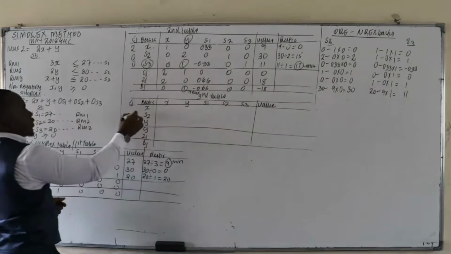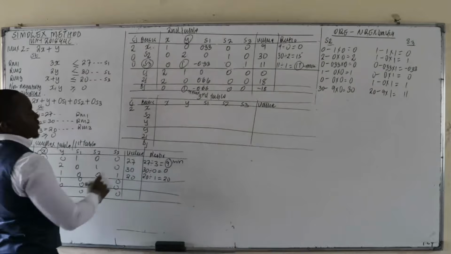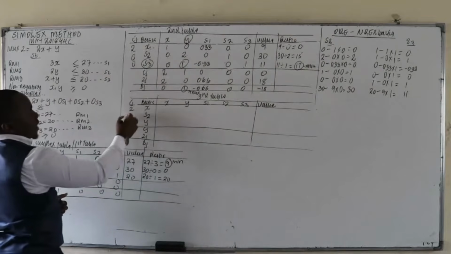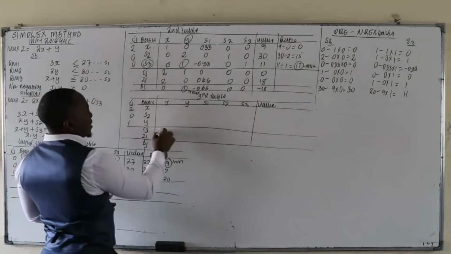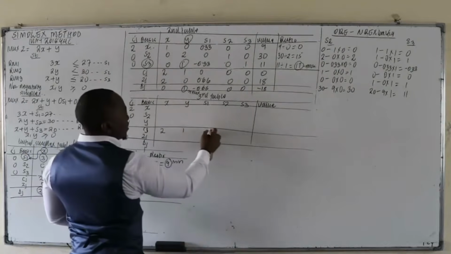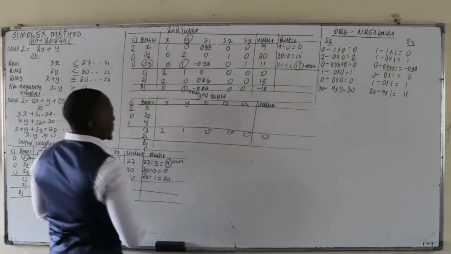Cj for X: each unit of X, the contribution margin is 2. Each unit of Y is 1. S is 0. Here X is 2, Y is 1, 0, 0, 0, including the value.